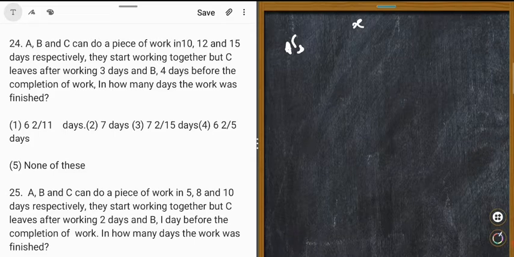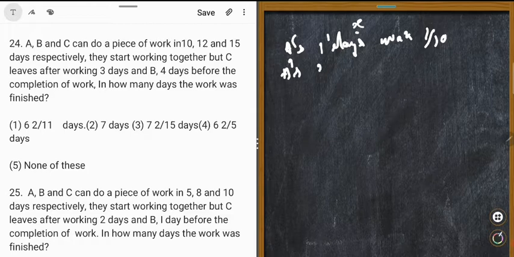That means A's 1 day's work is equal to 1 upon 10th part. So A's X days work is equal to X upon 10, right? I said minus earlier, I made a mistake.